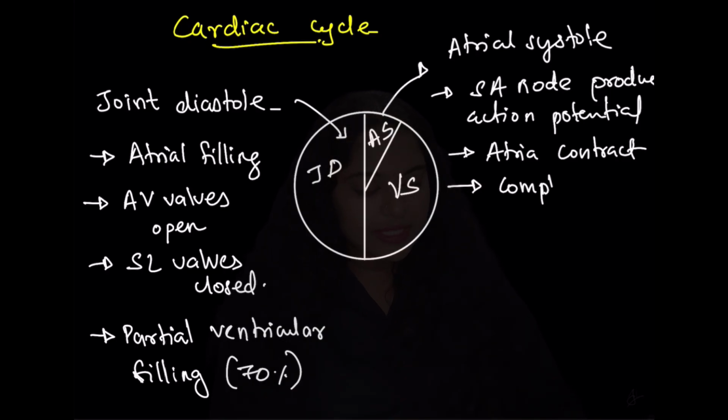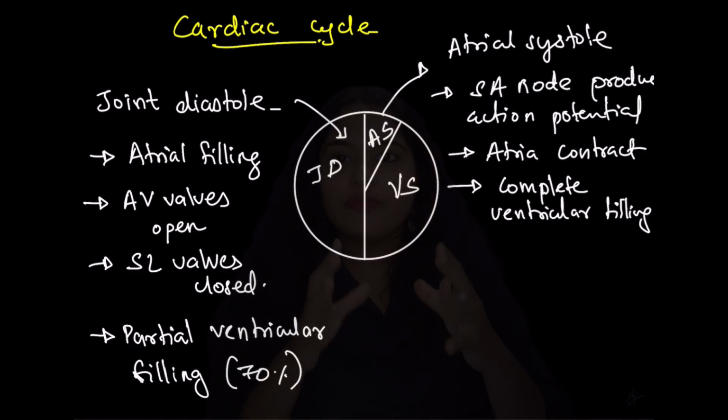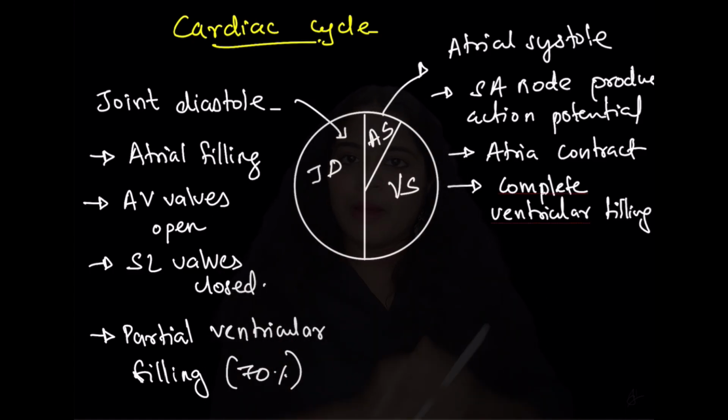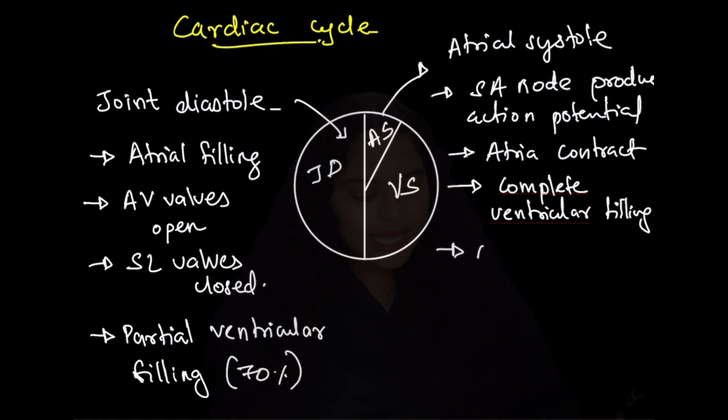So the remaining 30% that was left will be pumped into the ventricles. Here the AV valves are open and the semilunar valves are closed.